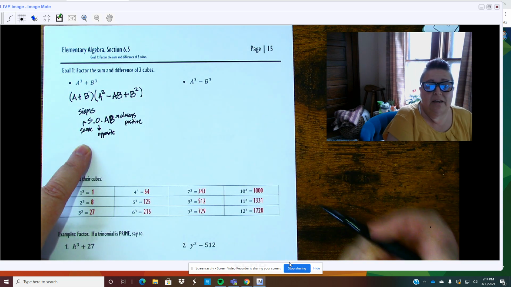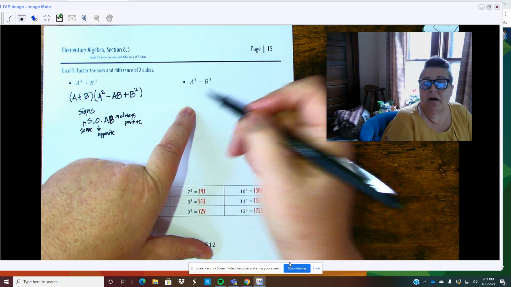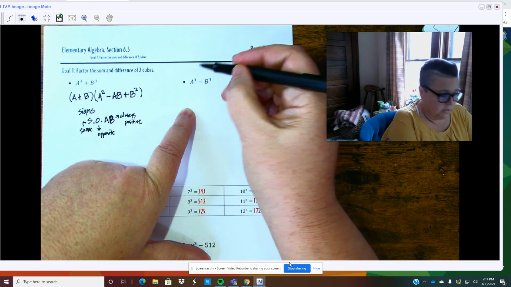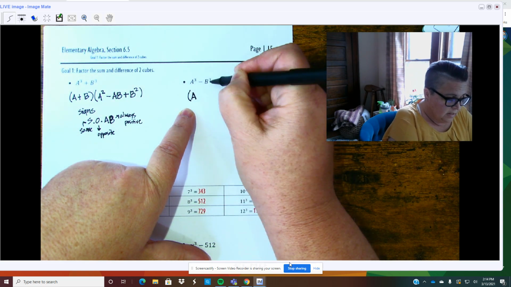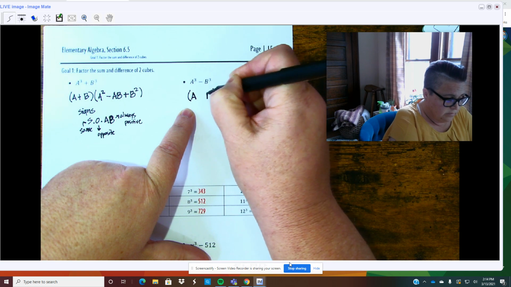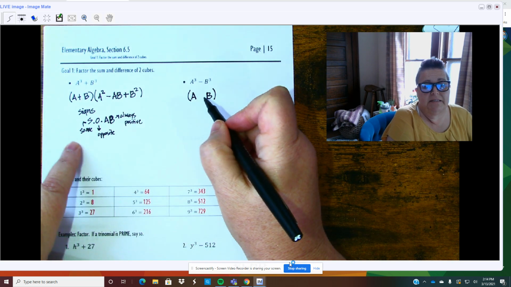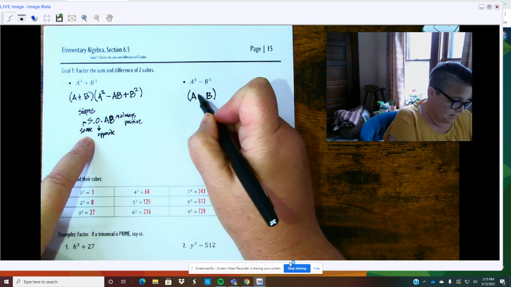Okay, so if we have the difference of two terms, we're going to do the same basic pattern. We're going to find the difference of two cubes. We're going to find the cube root of a cubed, which is a, and the cube root of b cubed, which is b. The sign between them is the same as the original binomial, so that's going to be a minus.